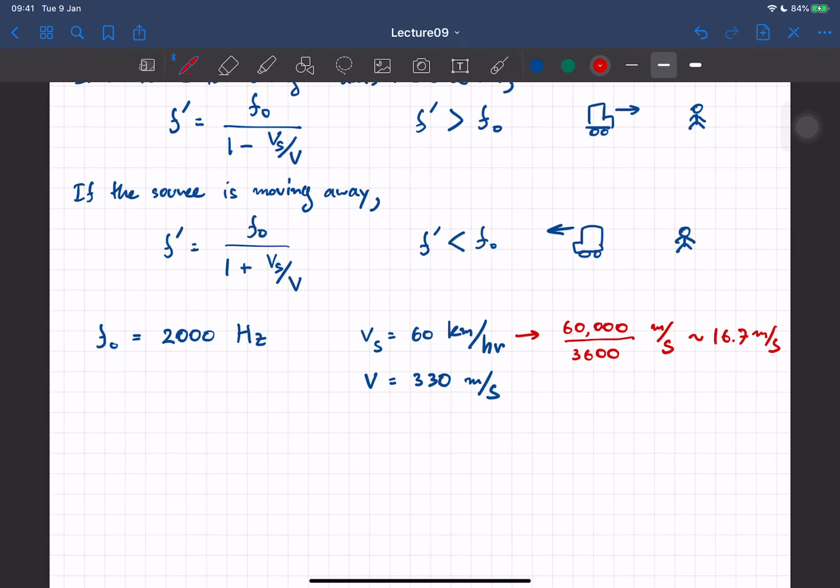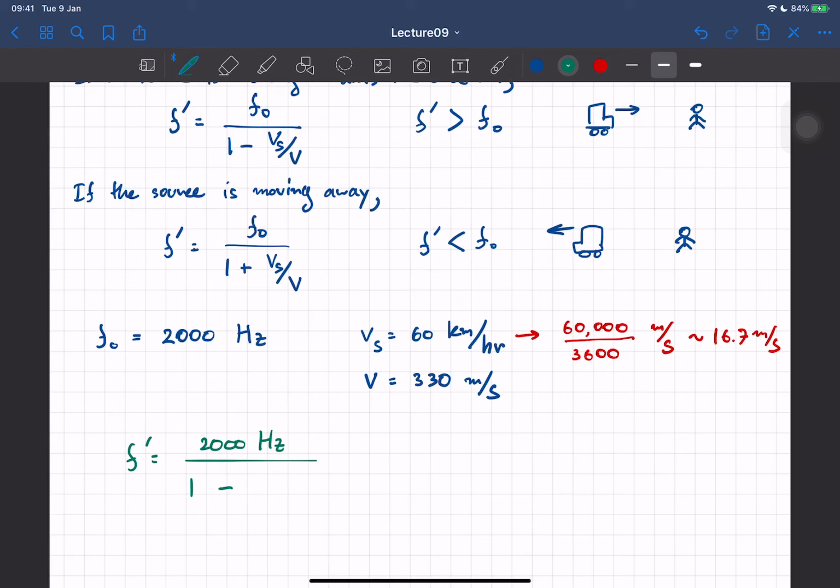So F prime is essentially just 2000, which is F0, divided by the factor that is related to the velocity of the source and velocity of sound. So this one depends on what we want to calculate. Let's assume that it's moving towards you, right? So you need to divide by something less than 1 to make it higher frequency.